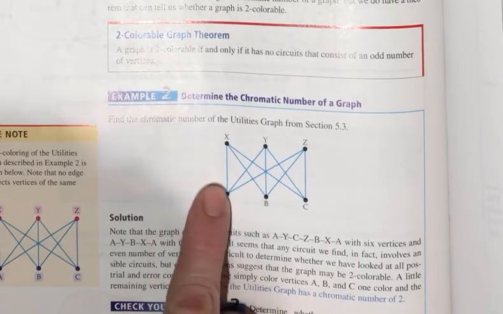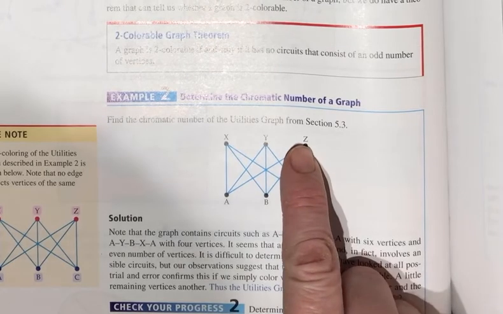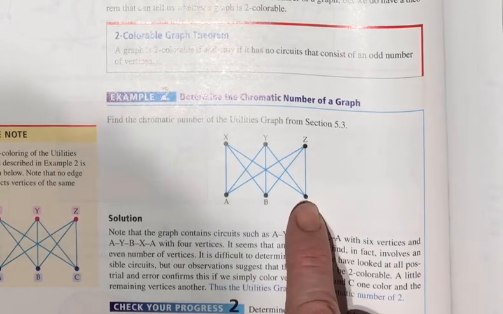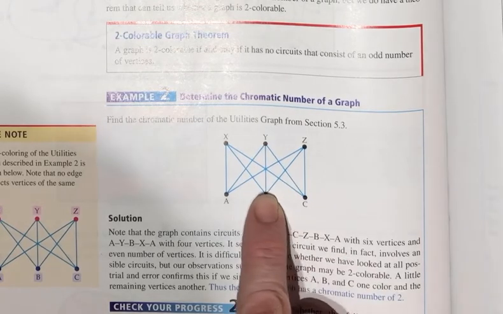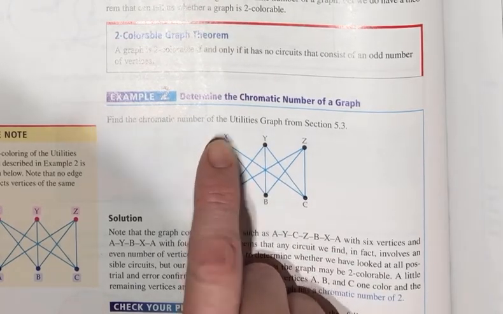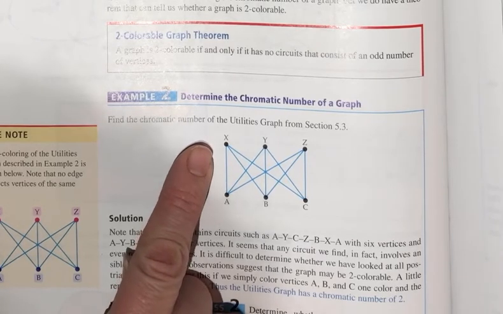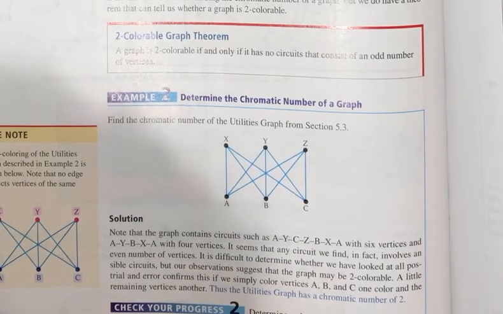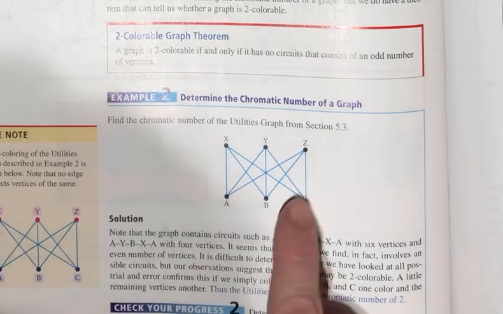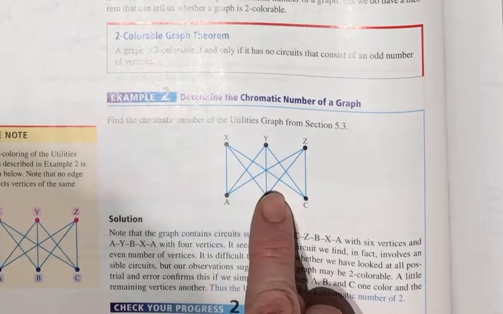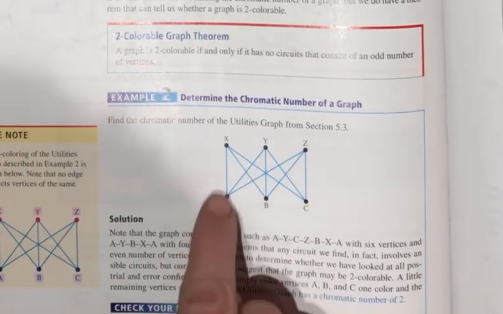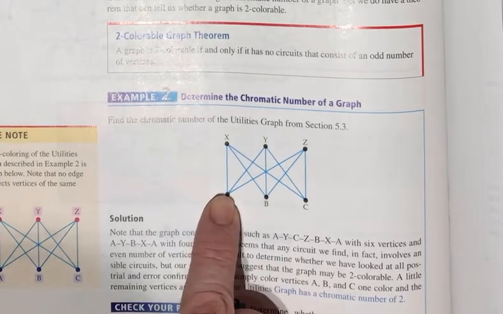If I did X, A, Z, C, Y, B, X, now I went to all 6, okay? I did 6 vertices. Now notice when I go back, I don't count the same one over again, okay?